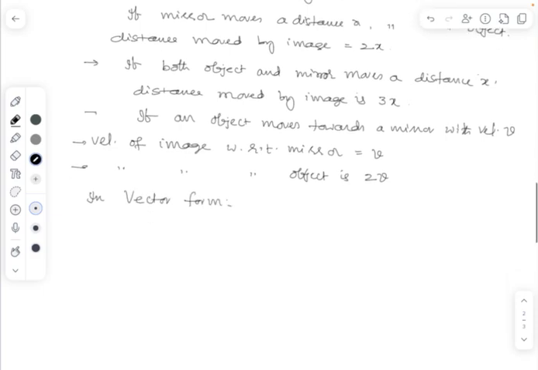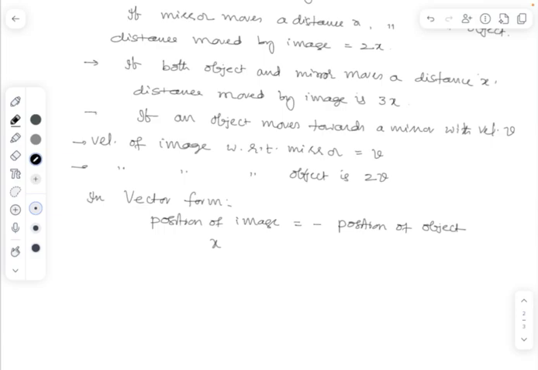In vector form, position of image equal to minus position of object.